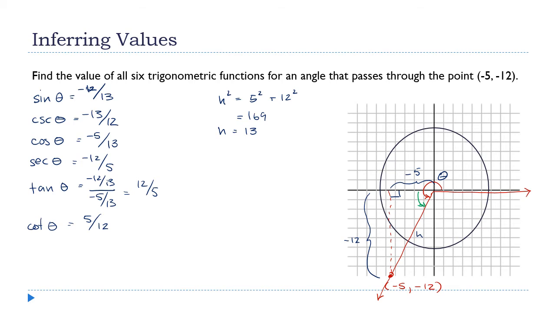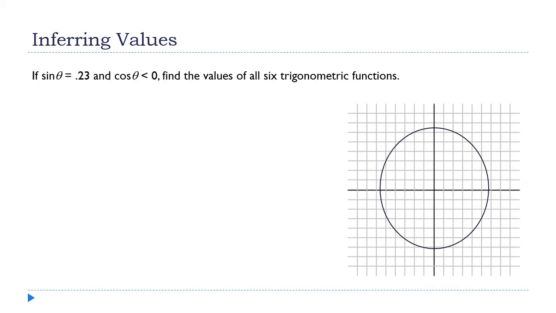Okay, so how about this situation? In this situation, I don't know where the terminal side is like I did with the last one. All I know is the sine of this angle, and I'm trying to find the other 5 values.